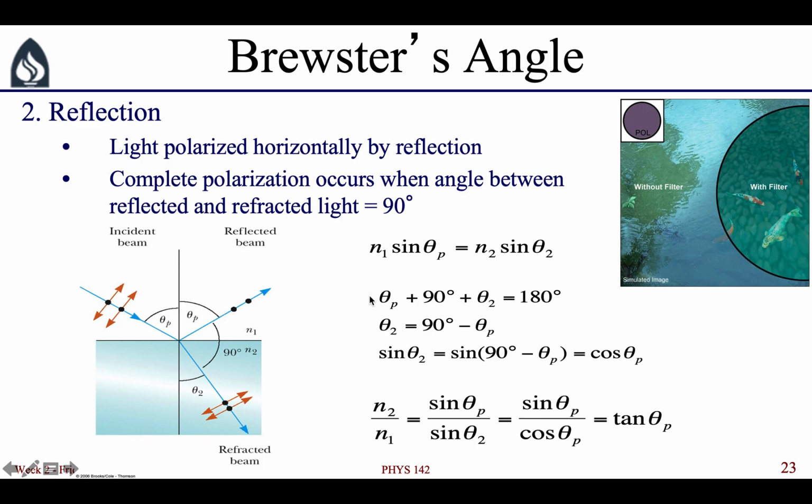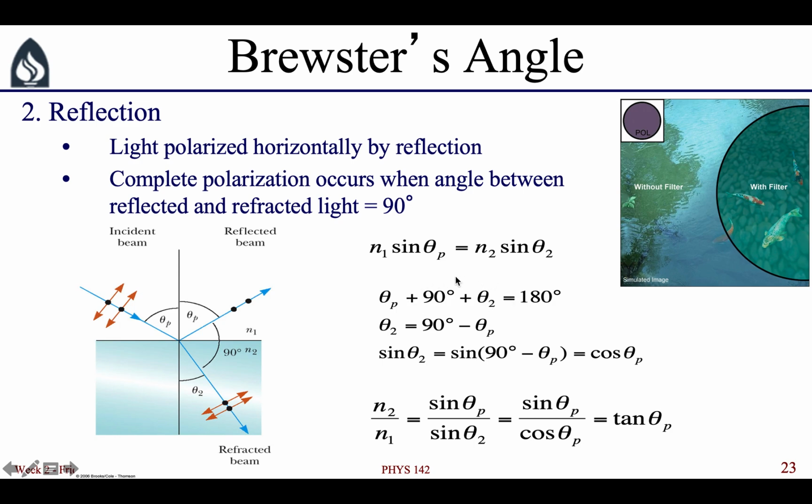Now we can look at the angles involved in our problem. We know that the polarized angle, this incident angle, will be equal to this reflected angle, so this theta p will be equal to this one, and this angle plus the 90 degrees plus theta 2, all of that's going to add up to 180.